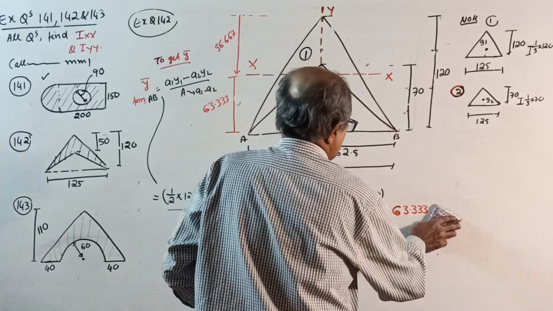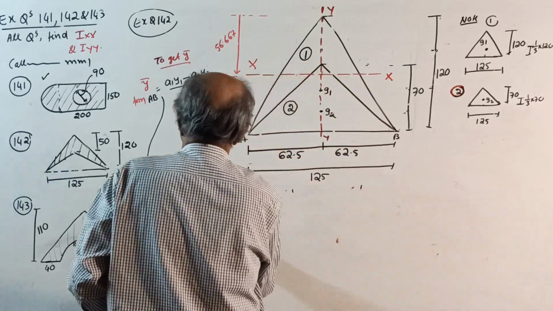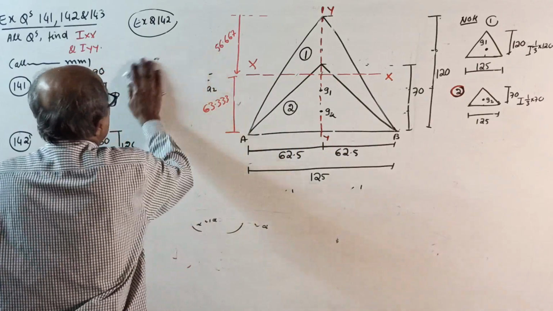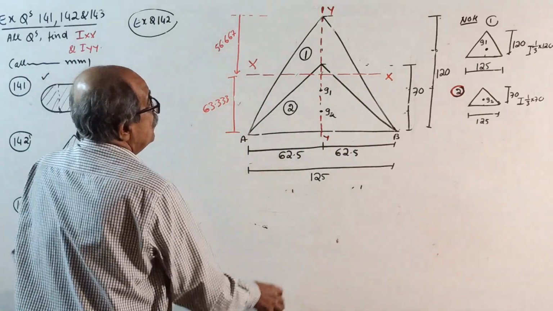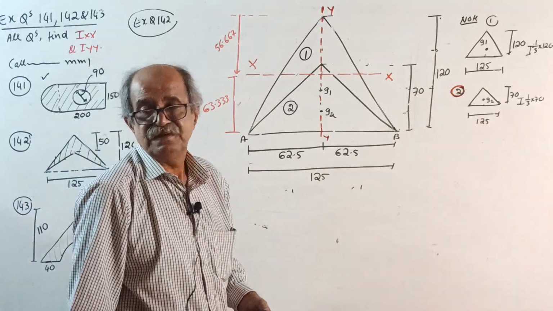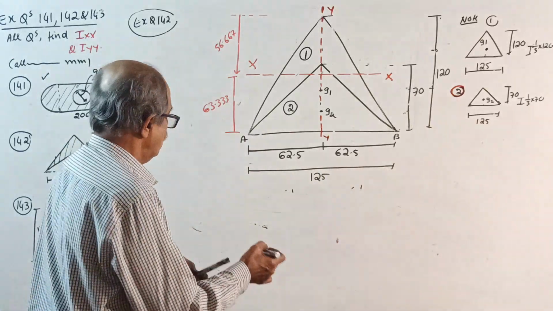Go for moment of inertia. Be a little careful. Both are isosceles triangles, so I will do it fast.